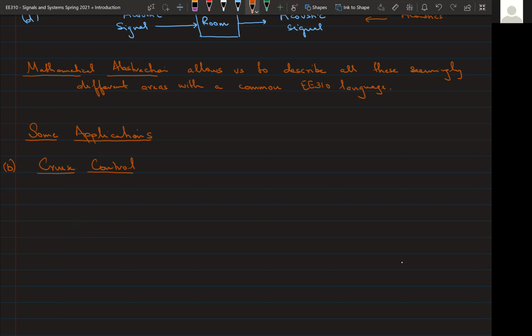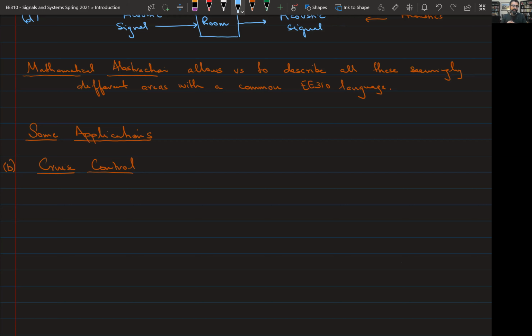Yes, sir. So cruise control is a system in your car, and not in all cars in Pakistan, khas taur pe. But what you can do is you set a certain speed, and the car automatically tries to maintain that speed, right? That is called cruise control.